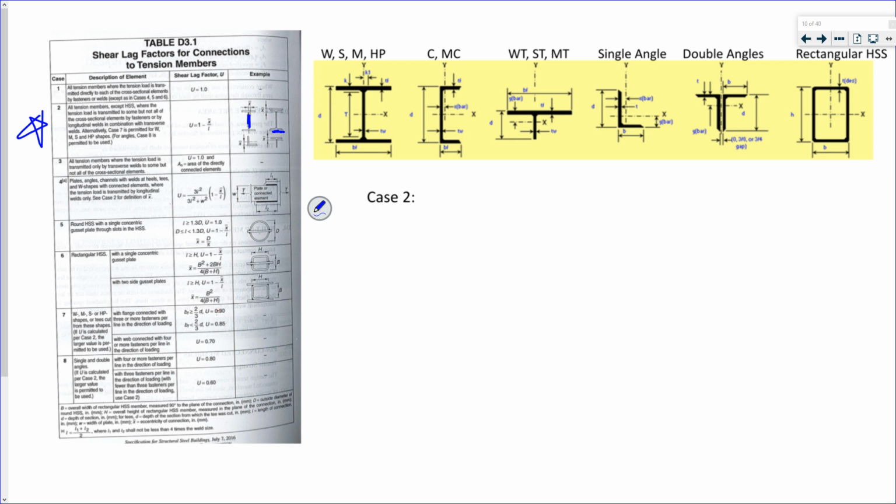If only the flanges of an I-beam are connected. If only one leg of an angle is connected. I think this last one is a T. This is if only the flanges of a T are connected.